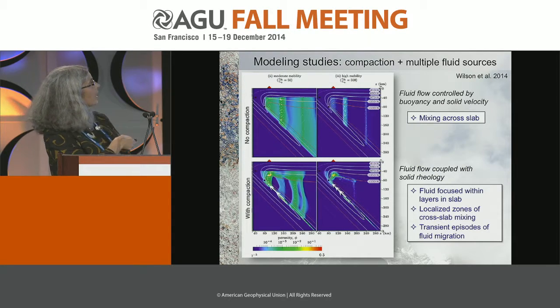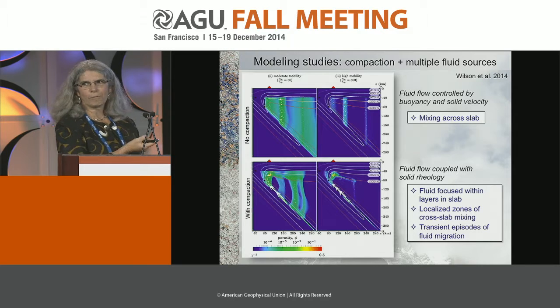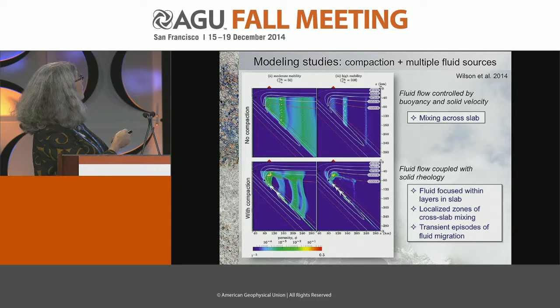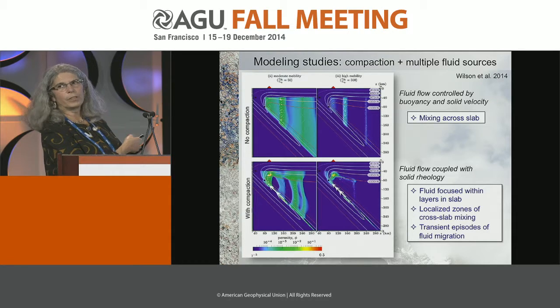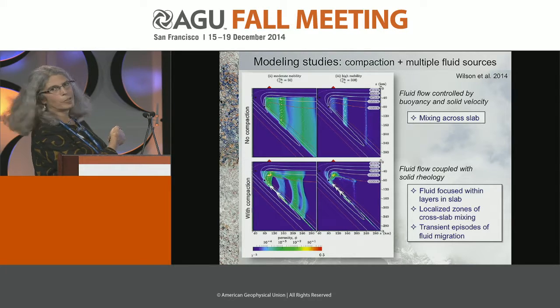Another recent study by Wilson et al. is now looking at the effect of compaction and also devolatilization of many different rock types, not just the serpentinites. And basically, if there's no compaction involved, so the solid rheology isn't coupled with the fluid flow, you just get buoyant rise of the fluids.